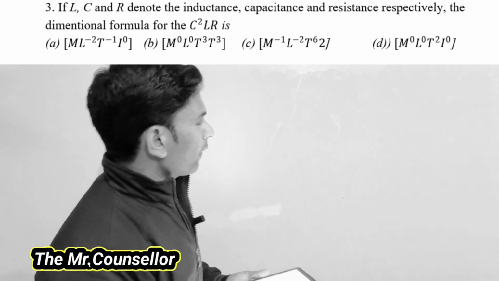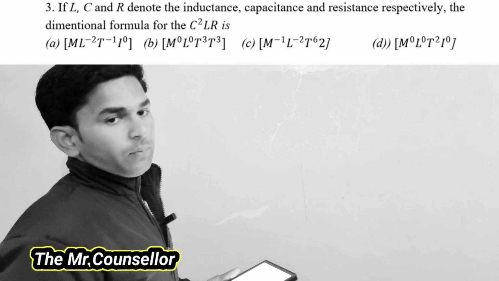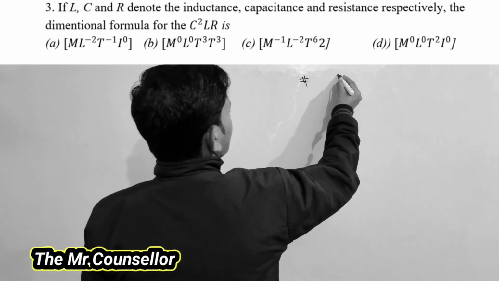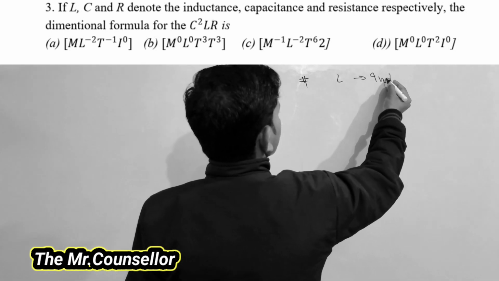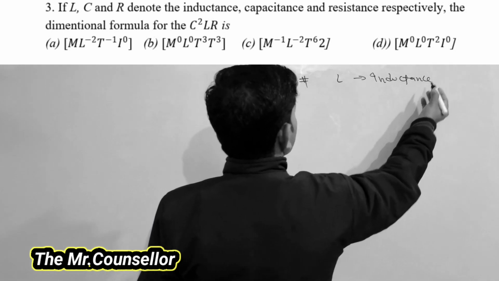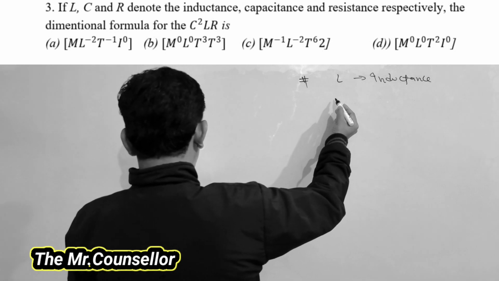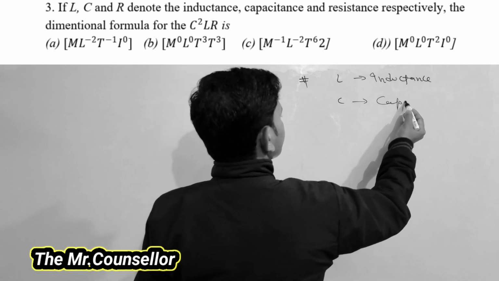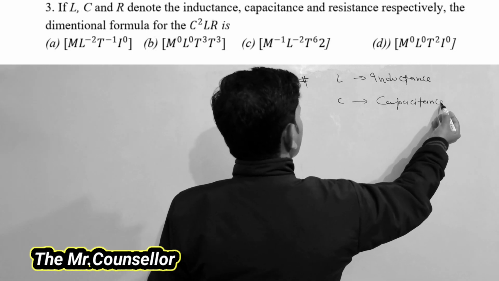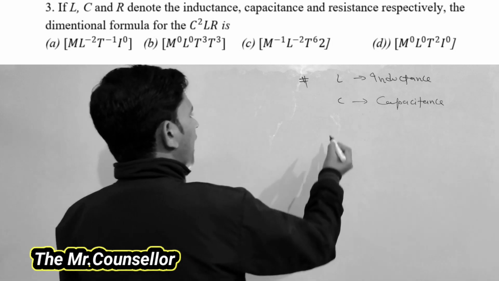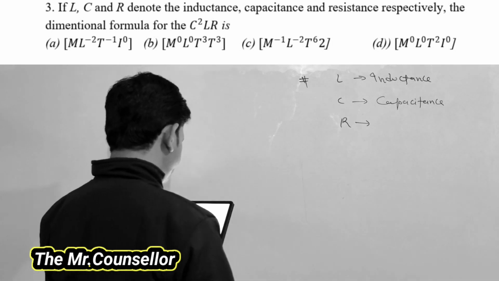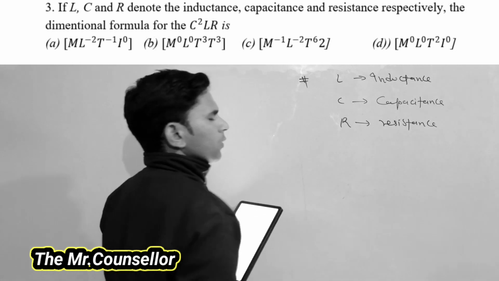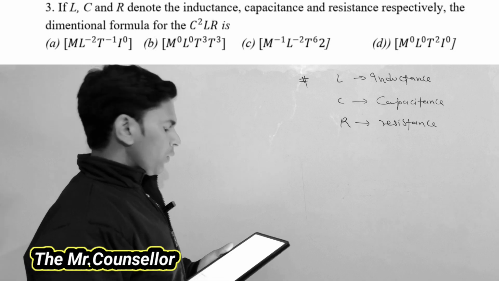See what they are going to ask and what is given. First see what is given. L is inductance, very good. C is capacitance, and R is resistance.